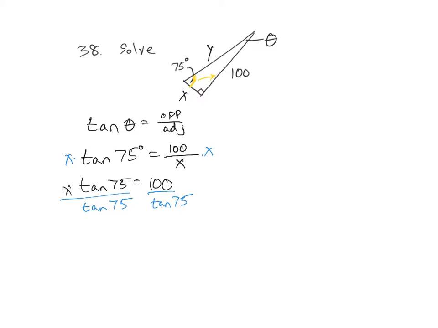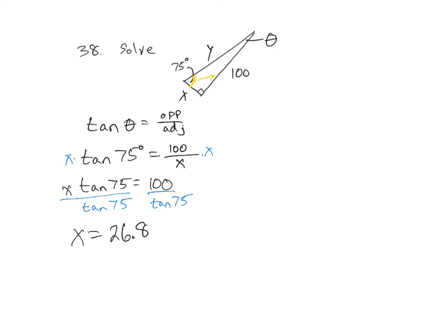And you get x equals whatever your calculator says, 100 divided by the tangent of 75. Now you're using degrees, so make sure your calculator is in degree mode. And I take 100 divided by the tangent of 75. And that's going to give me 26.8. Okay, so that is number 38.